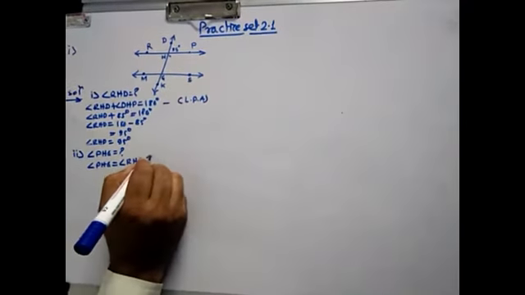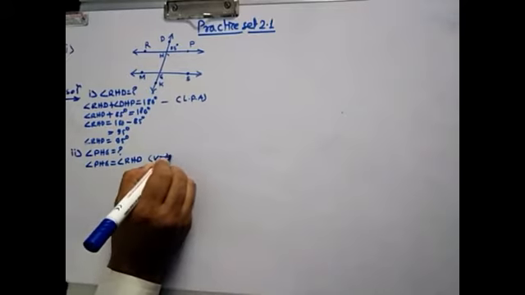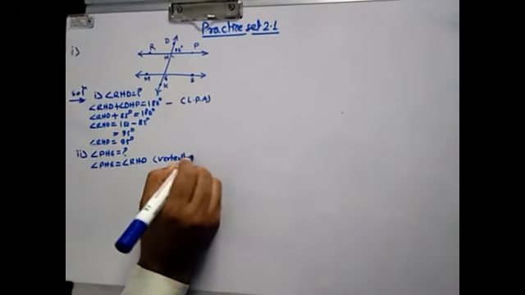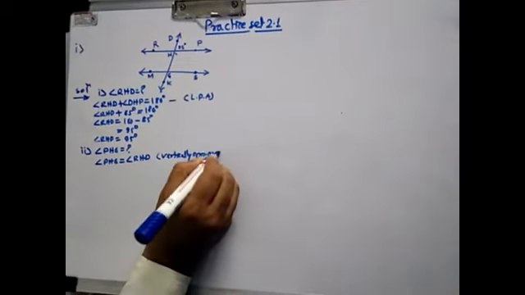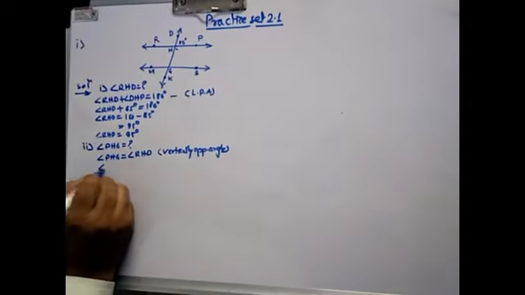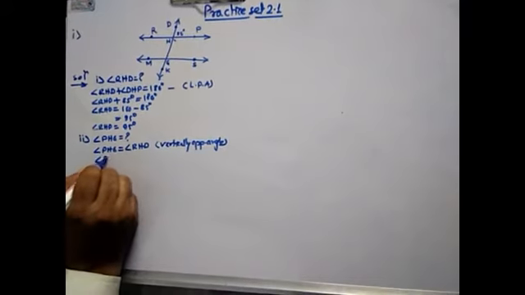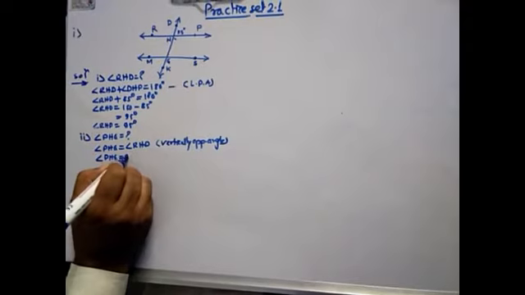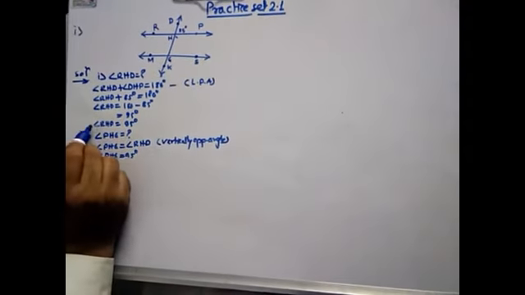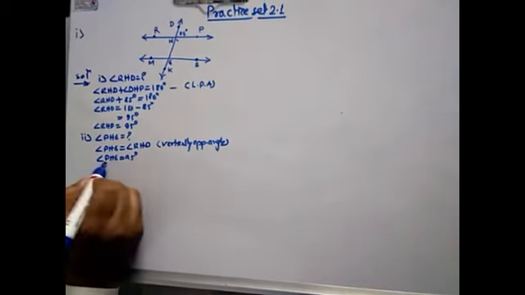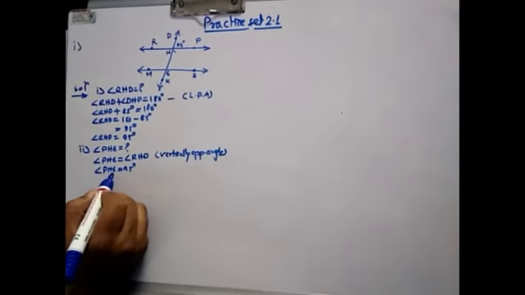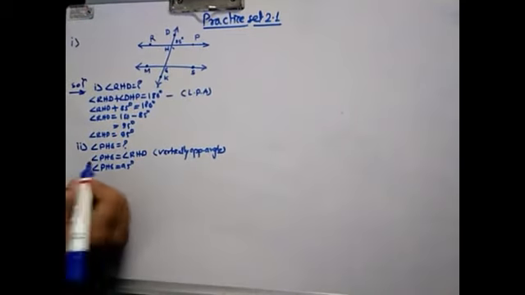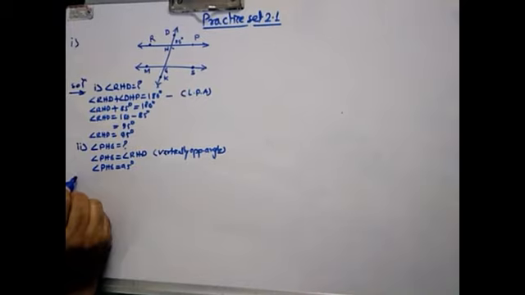So write down the reason: vertically opposite angles. PHG is equal to 95 degrees, because it has the same value as RHD, since they are vertically opposite angles. In this way we find the second one.